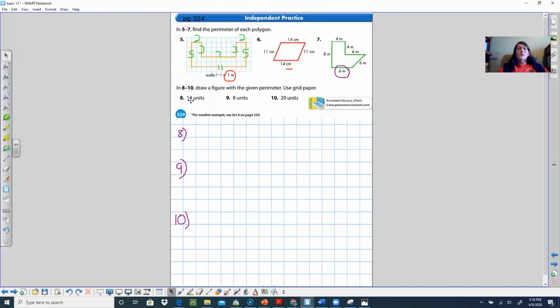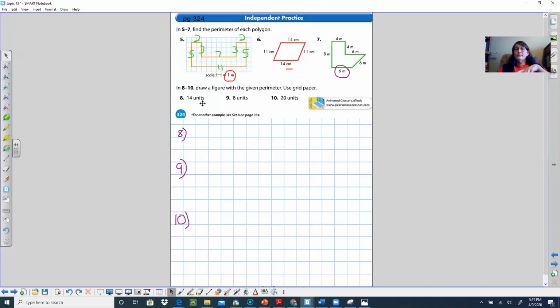On this first one, we want a perimeter of 14 units. Now there's kind of a fun trick. If we draw a rectangle, we want to make sure that 2 of our sides add to half the perimeter. So I want you real quick to think, what is half of 14?